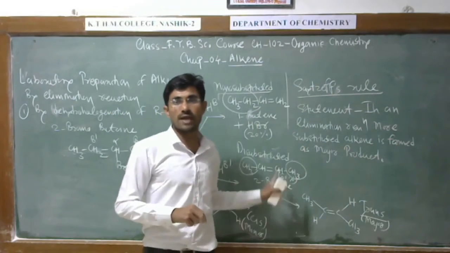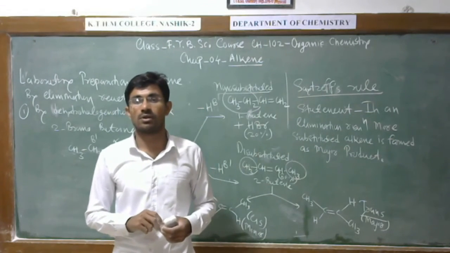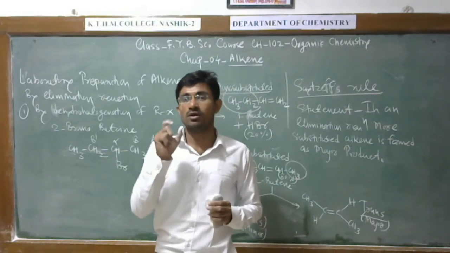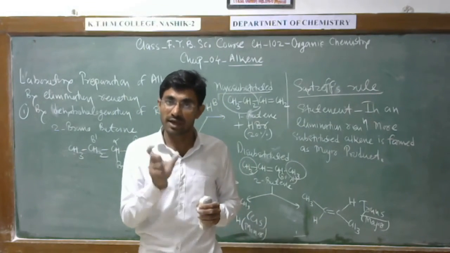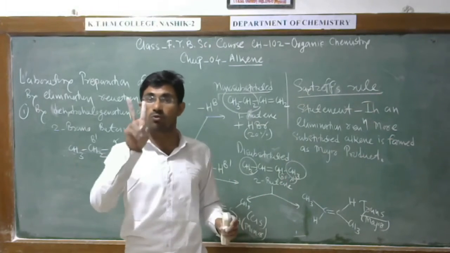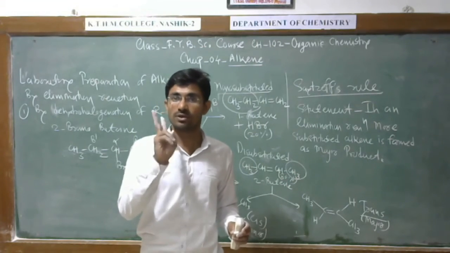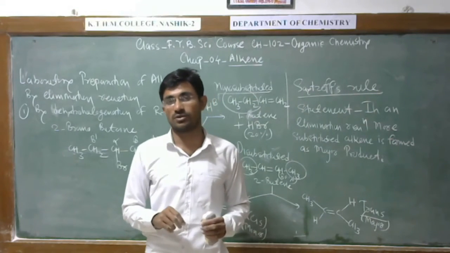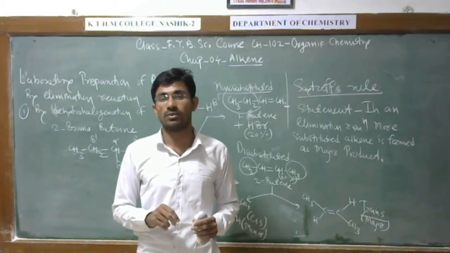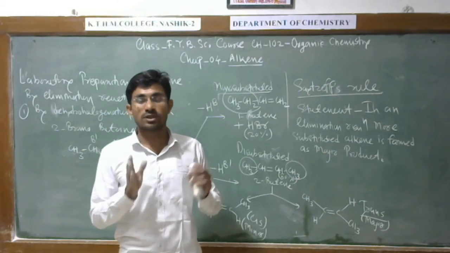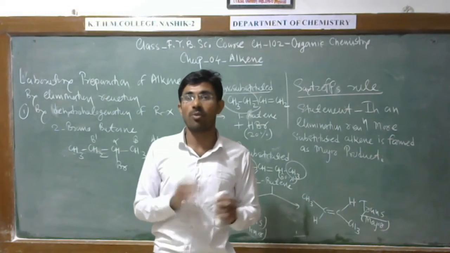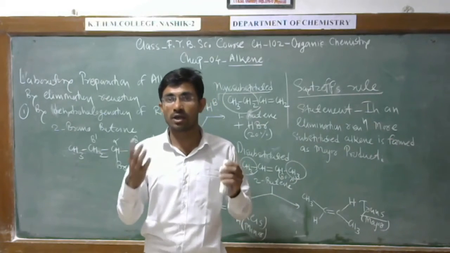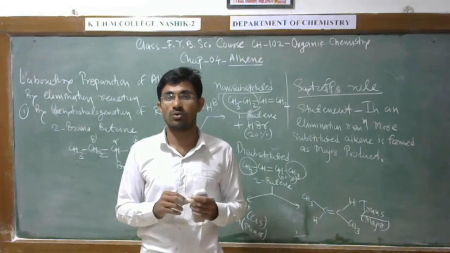This is a monosubstituted and this is a disubstituted alkene. So according to Saytzeff, the more substituted alkene, 2-butene, is the most substituted alkene here, disubstituted. So that is formed in major proportion. The stability of an alkene depends upon the number of alkyl groups attached to the double bond.